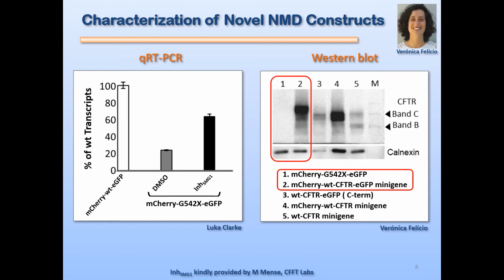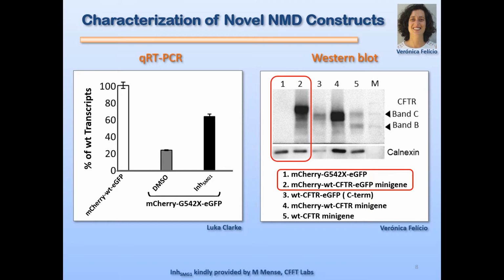mutant gene, so the protein resulting from the mutant mini gene, and in lane 2, the protein resulting from the wild-type mini gene. And the reason why we cannot see any protein in lane 1 is because the antibody used here to detect CFTR protein actually recognizes a region of the CFTR protein which is absent in the truncated protein.